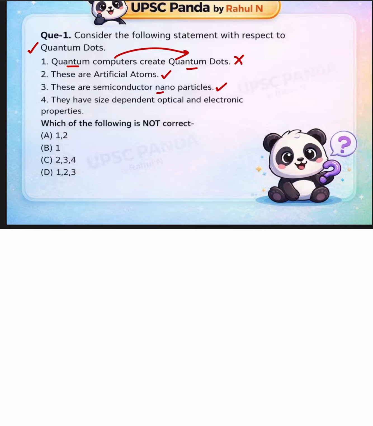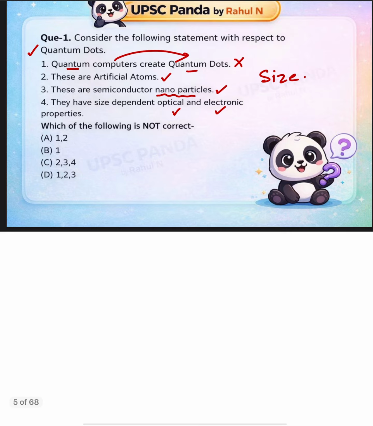If something is a nanoparticle, then based on the size of the nanoparticle, it will have different optical and electronic properties. So based on that, statement 2 is correct, 3 is correct, and 4 is correct. As the question is asking which of the following is not correct, these three statements will not be part of the answer. The answer will be statement 1. So the answer is B. I hope this is clear.